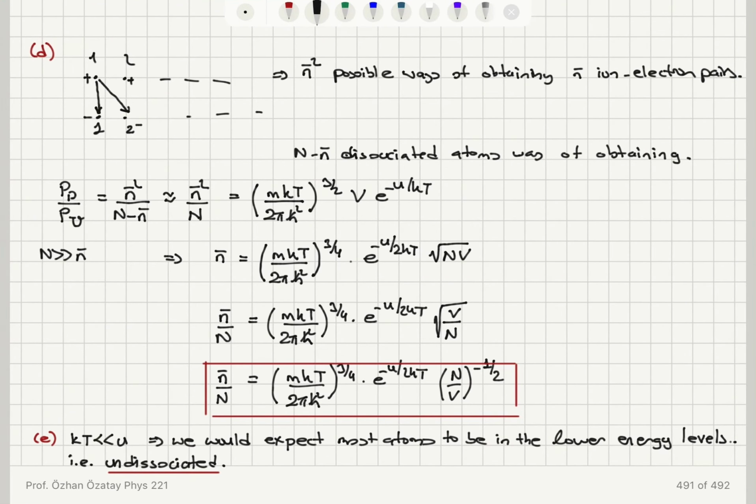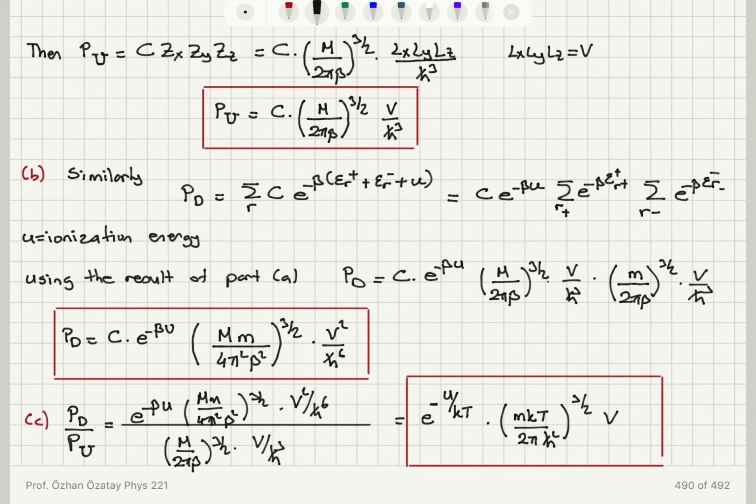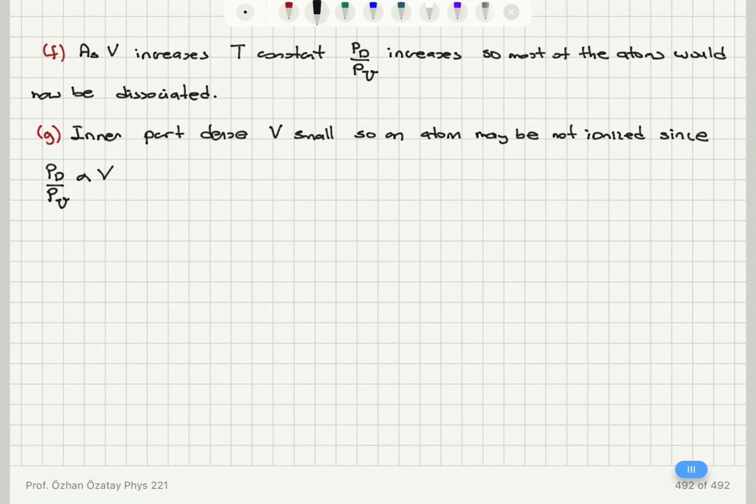Since we have a dependence on the ratio, the probability of dissociation to unionized is proportional to V. So if you look at this probability ratio, it is proportional to kT to the 3/2, e to the minus u over kT, and V. So if V is extremely small, then this probability is small even though the temperature is higher.